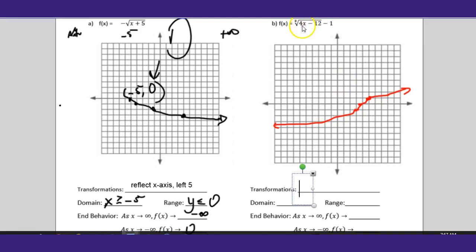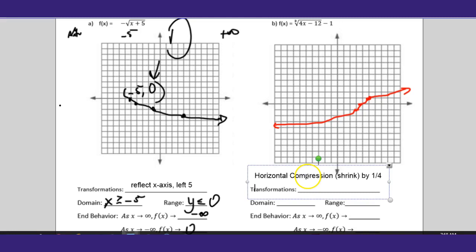This 4 right here tells me a horizontal compression, or you can say shrink, by 1/4. Remember, underneath the radical, you do the reciprocal, so 1/4.